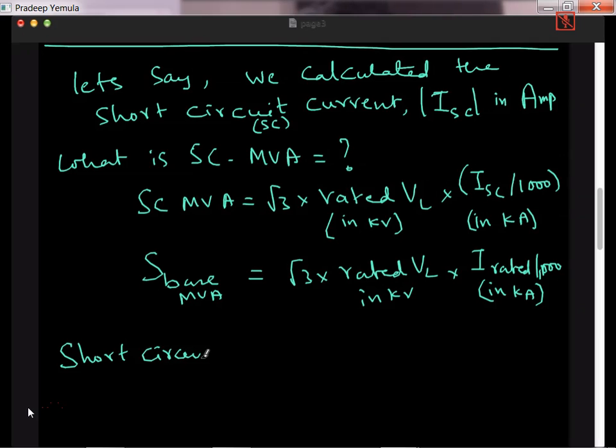Let me write it here. Because actual quantity divided by base quantity will be per unit. Here root 3 gets cancelled, rated voltage gets cancelled, the 1000 also gets cancelled.